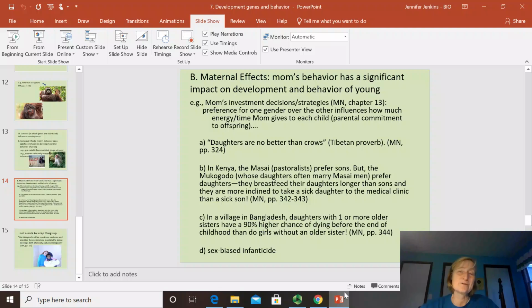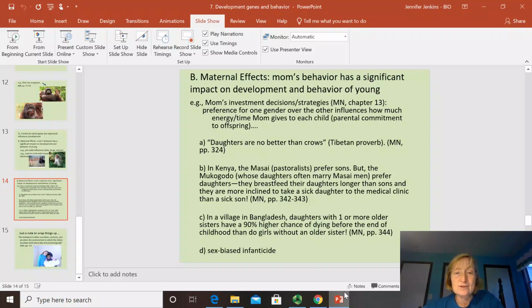And they actually breastfeed their daughters longer than their sons, and they will take them to clinics faster than they'll take a sick son, because they have a reason to keep their daughters healthy. Their daughters can marry off into the Maasai, and that gives them additional wealth, etc. They can move up the caste system, if you will.